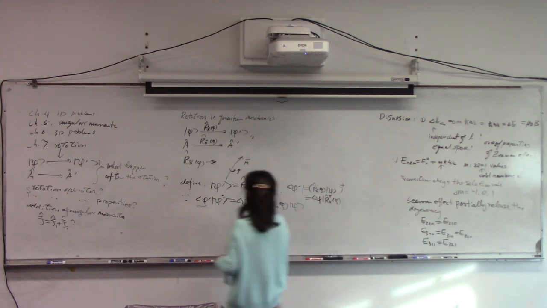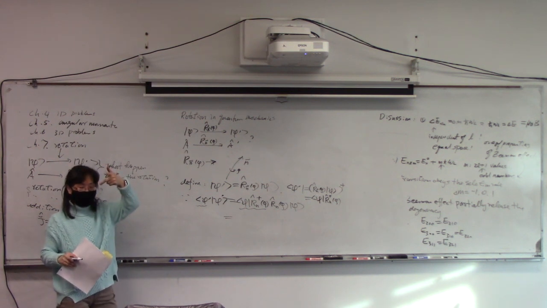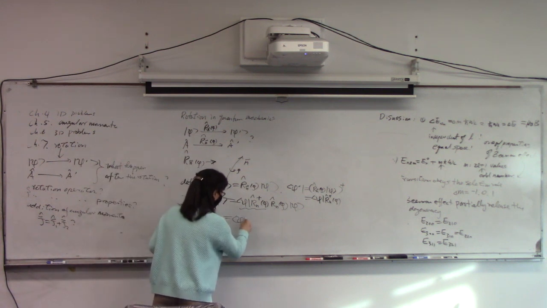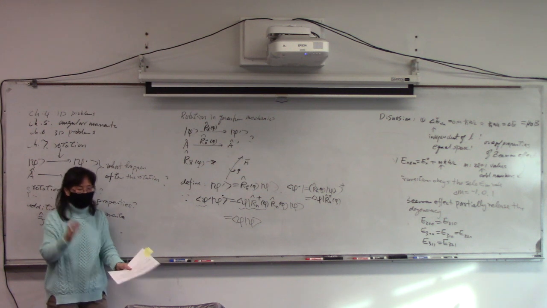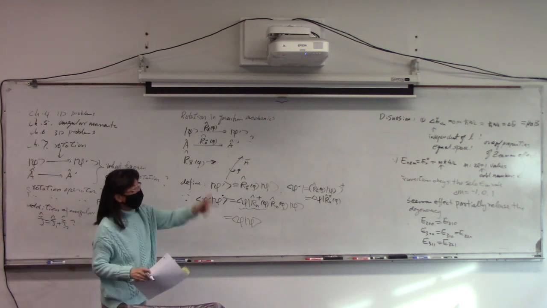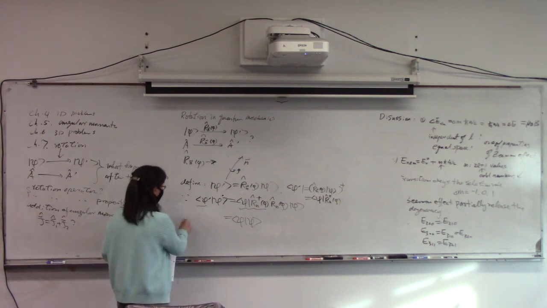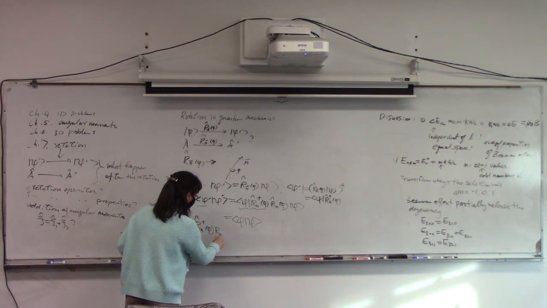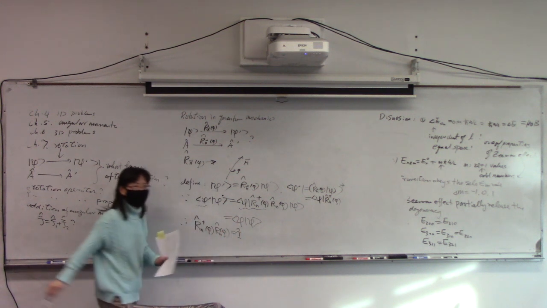Now we know the rotation will not change the magnitude of the state, only the orientation. So the inner product is equal to itself. That is the rotation behavior. If it changed the magnitude, it would not be only a rotation. That means R dagger multiplied by R is equal to the identity operator.